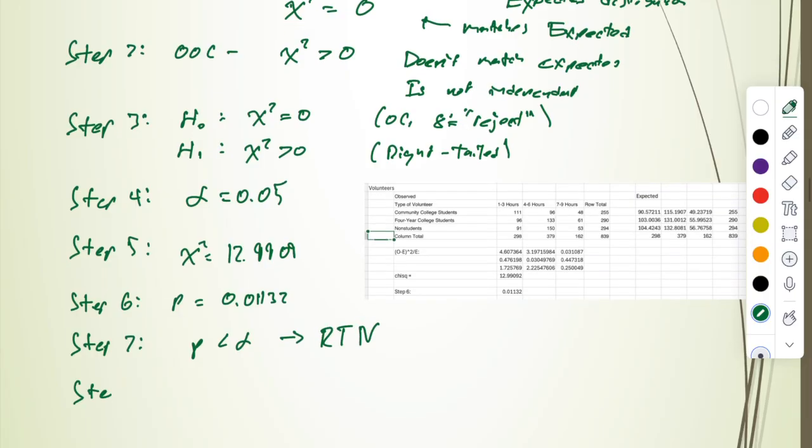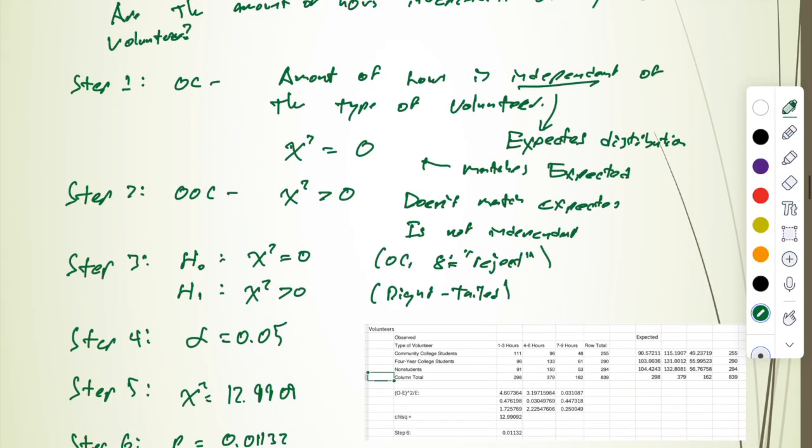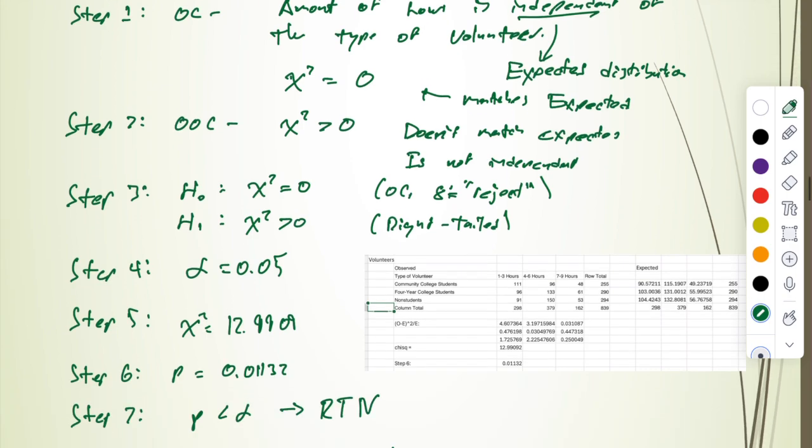Step 8, we're old hats at this, right? There is evidence, now did I say I would say support or reject? Reject.